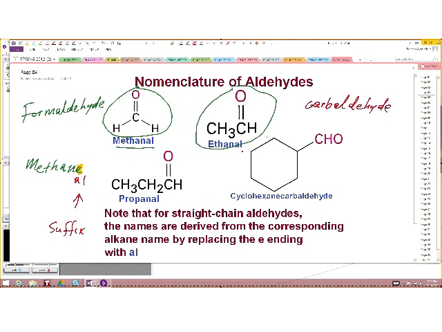For example, this molecule here, we refer to this as cyclohexanecarbaldehyde. In other words, if you have the aldehyde functionality here attached to a ring, to give the IUPAC name, you give the full name of the ring, and then you add the word carbaldehyde.